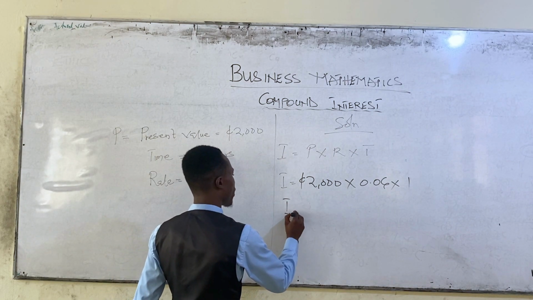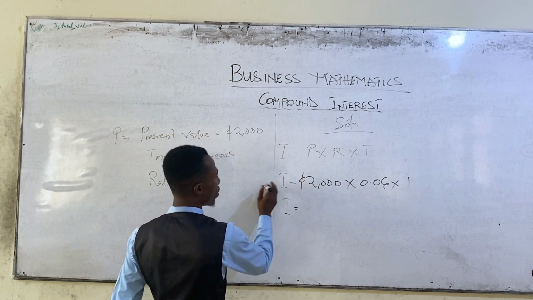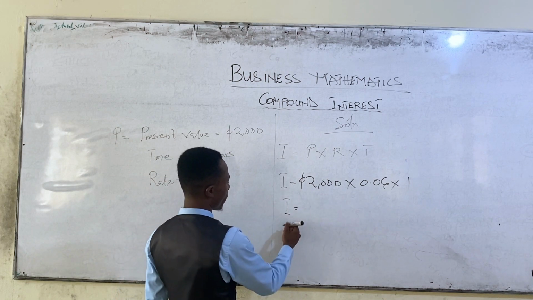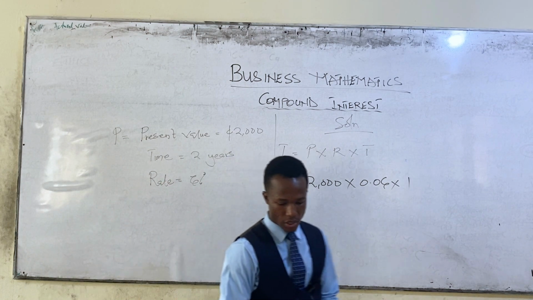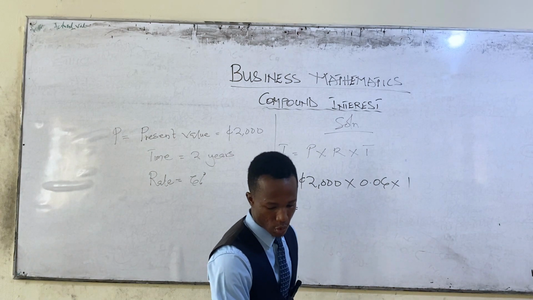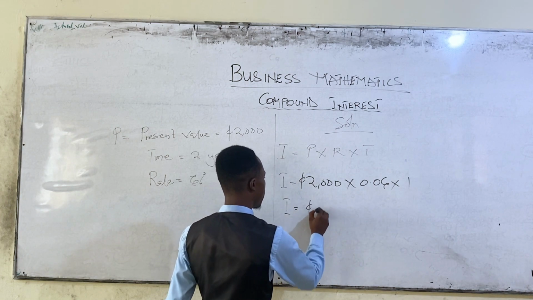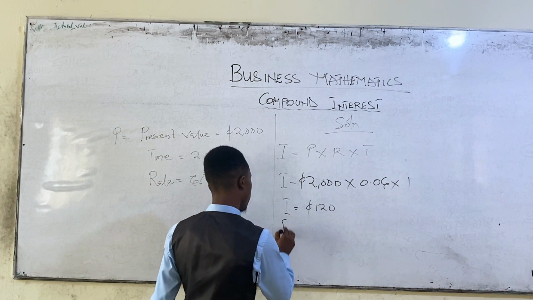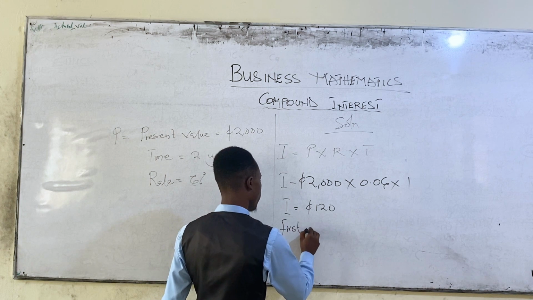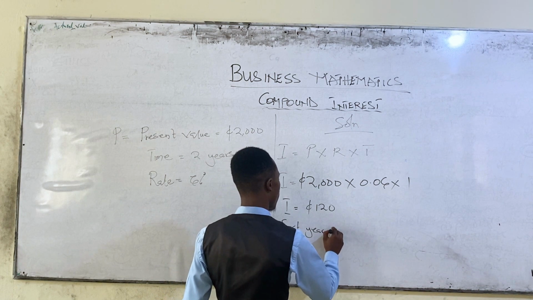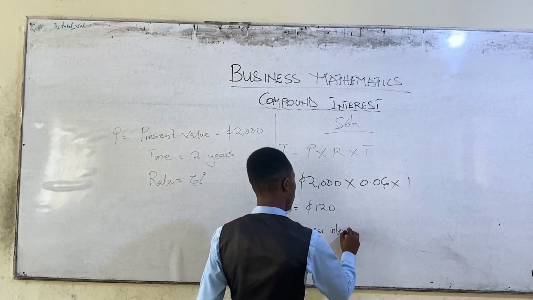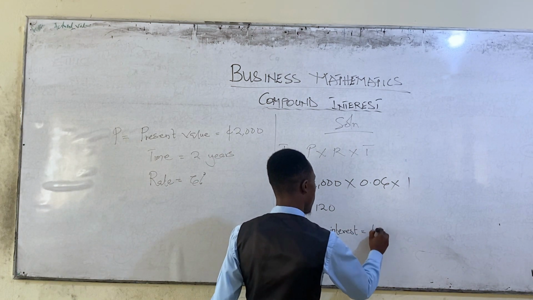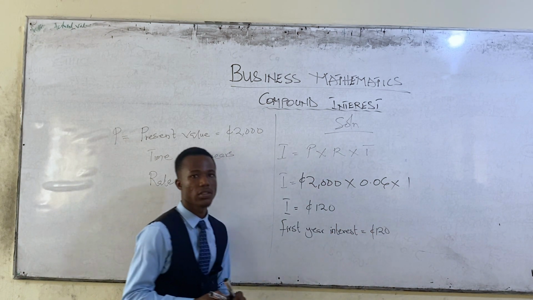Now our interest for the first year is going to be 120 Ghana cedis. So the first year interest is 120 Ghana cedis.